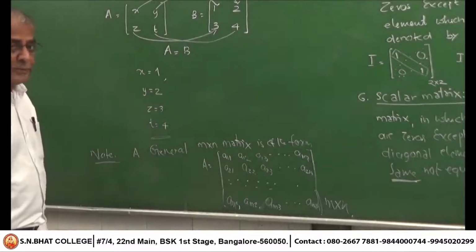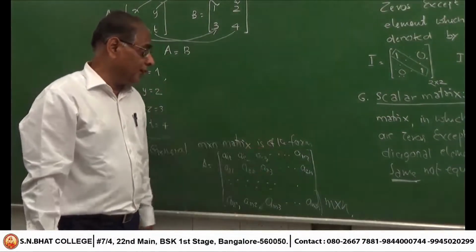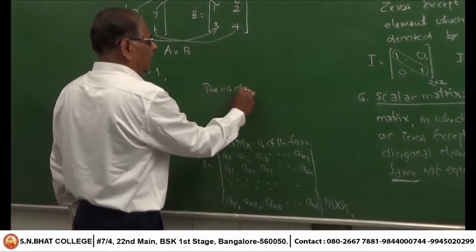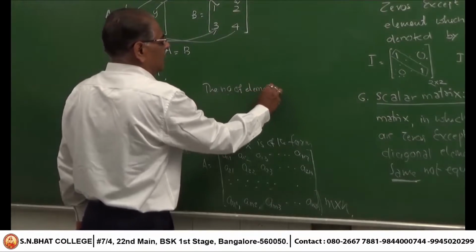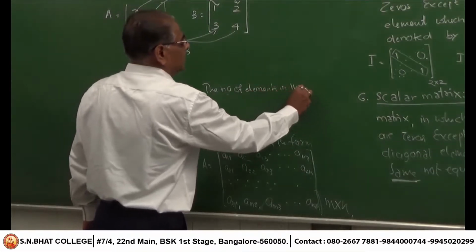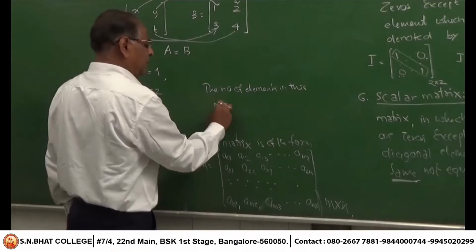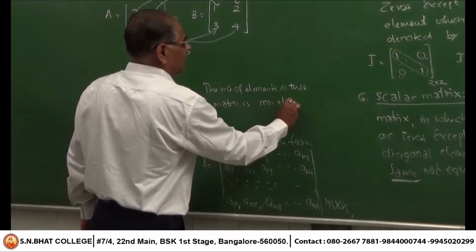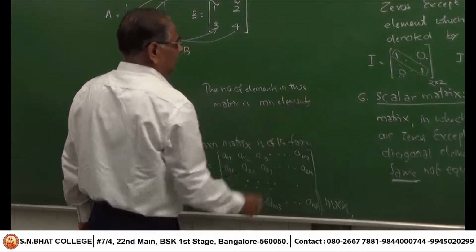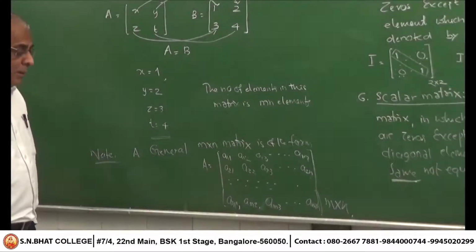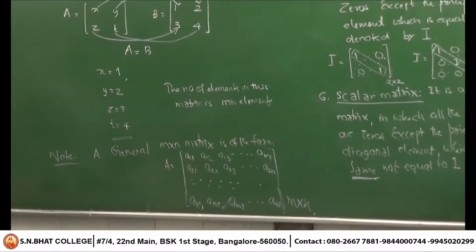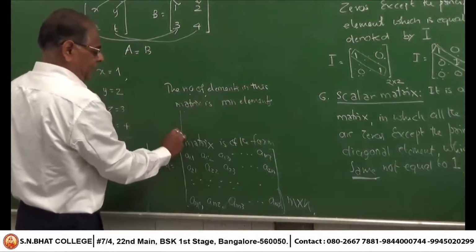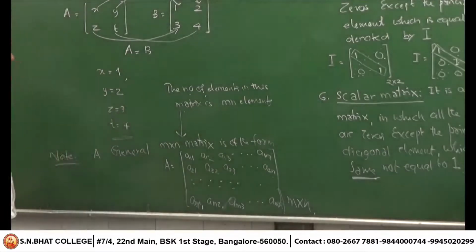Therefore, the order of this matrix is M cross N. It has M rows and N columns, and the number of elements in this matrix is M into N elements.